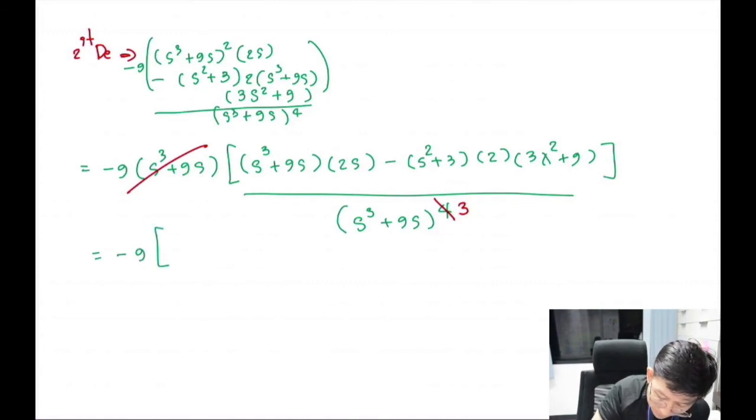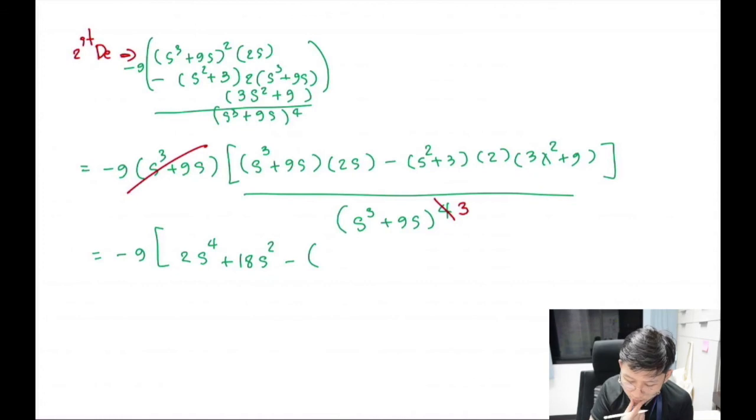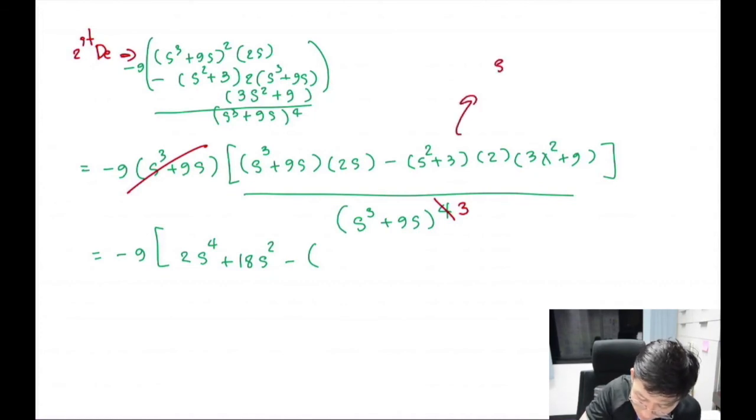In here we have, let's do it a little slower here, 2s squared plus 6, right? I multiply this to this. I get 2s squared plus 6 and then 3s squared plus 9.